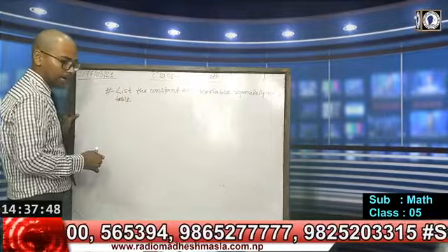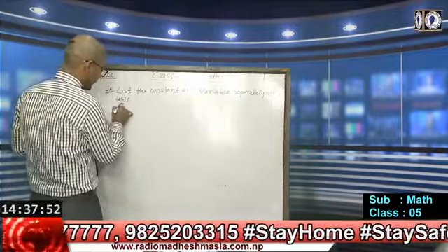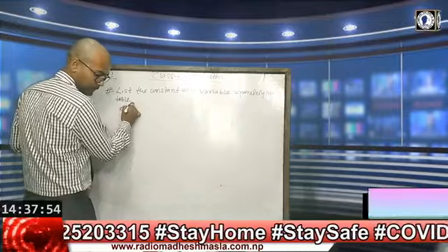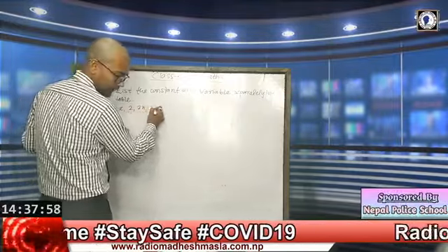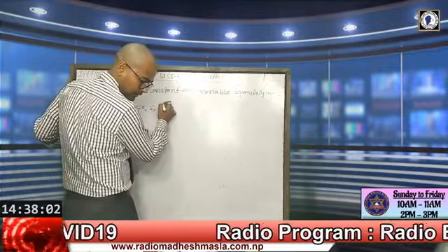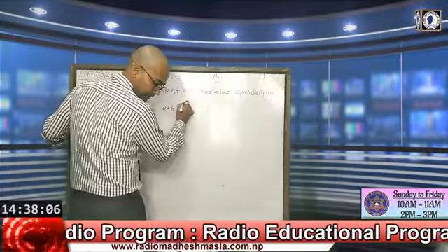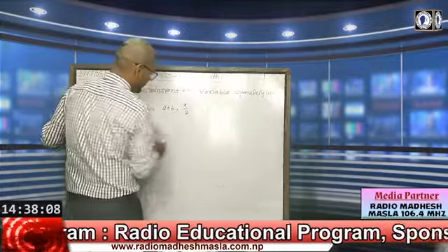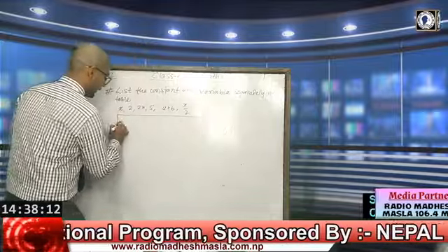Suppose we are given some terms like x, 2, 2x, 5, a plus b, x by 2, and there is a table given to you.